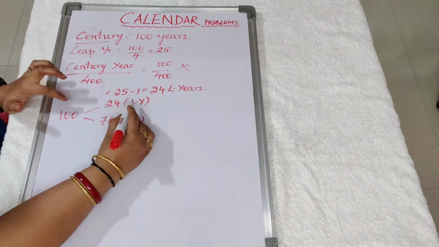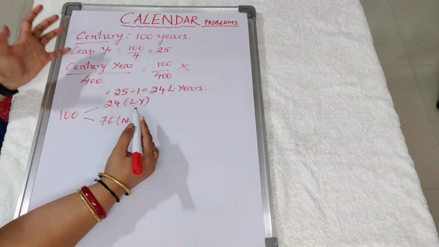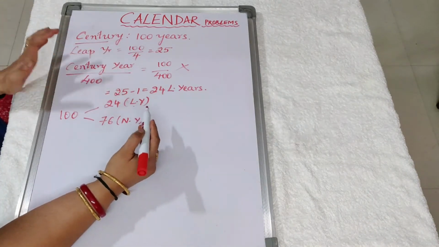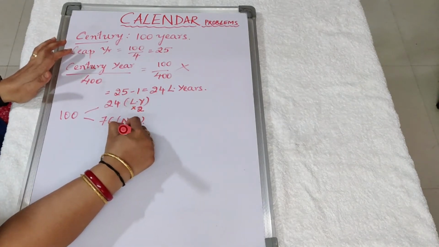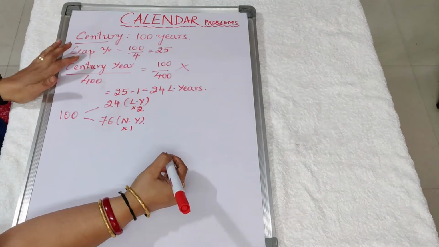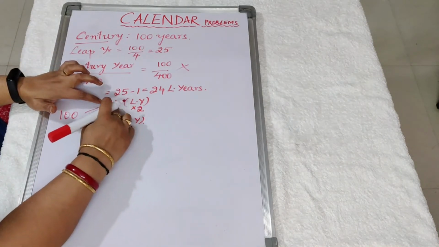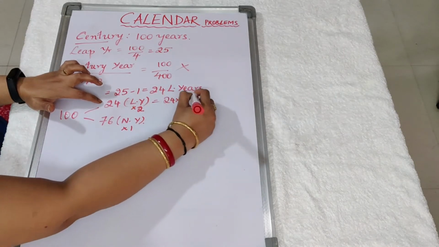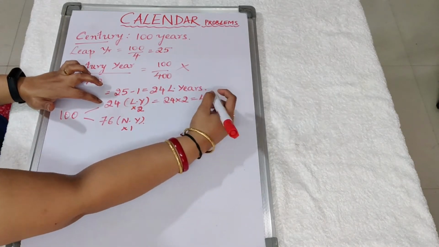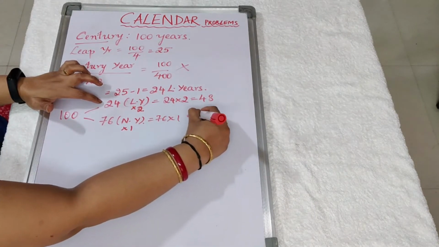Now we already know that every leap year has 2 odd days and every normal year has 1 odd day. So 24 years, each year has 2, so we are doing 24 into 2, which is 48. And this is 76 into 1, 76.